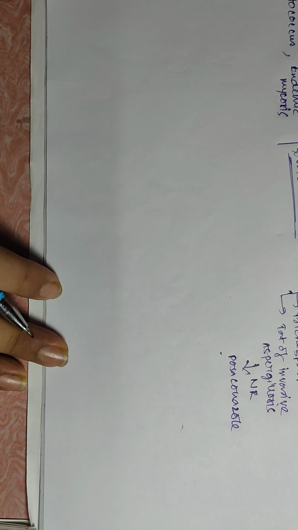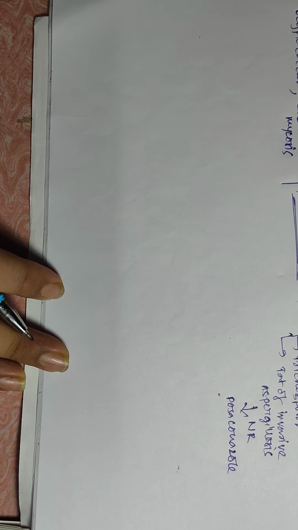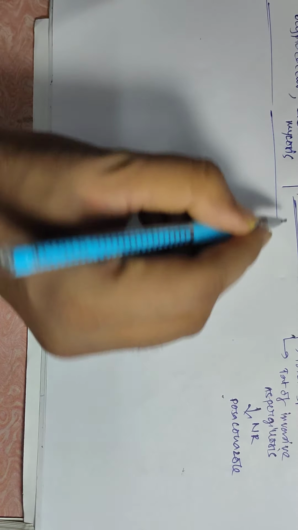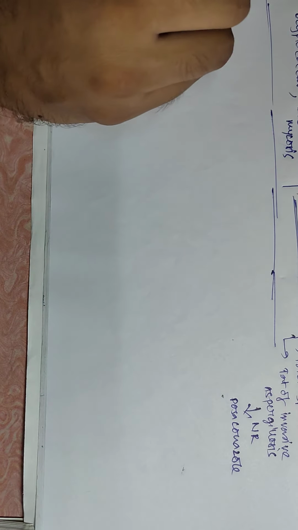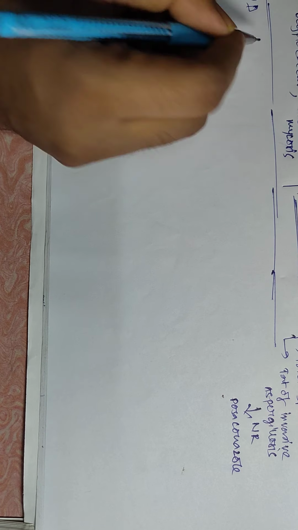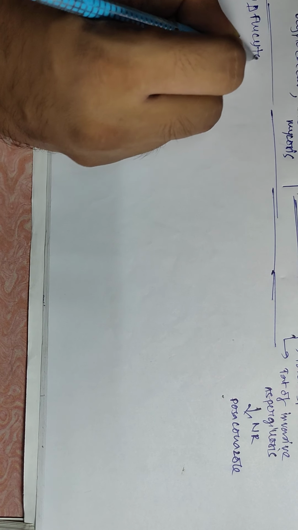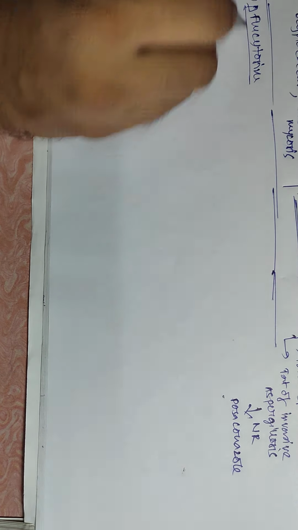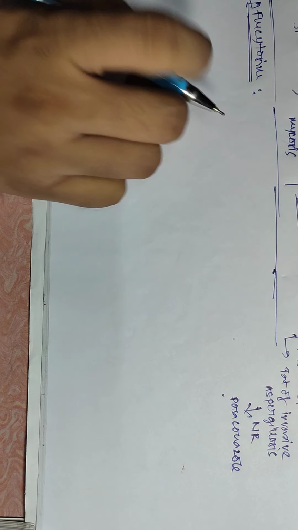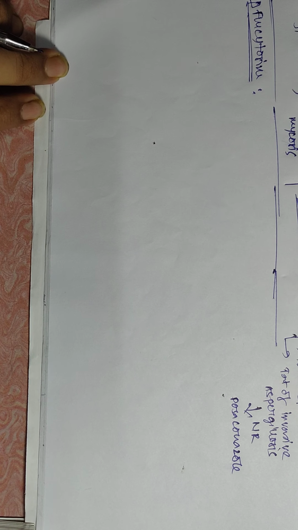Now come to the next part, that is the flucytosine. So what is its mechanism of action? I said the flucytosine inactivates the DNA, right? You should know that this flucytosine is the product of another anti-cancer drug, that is 5-fluorouracil, right?